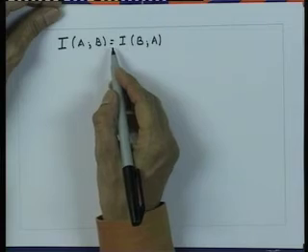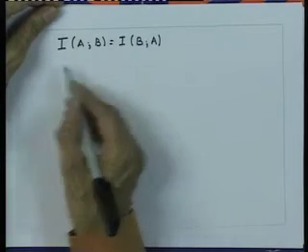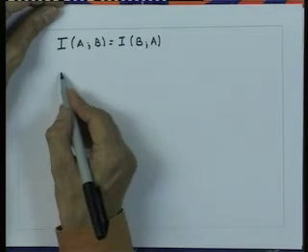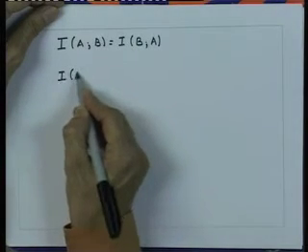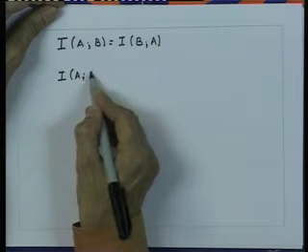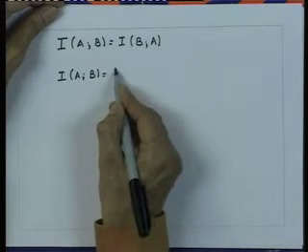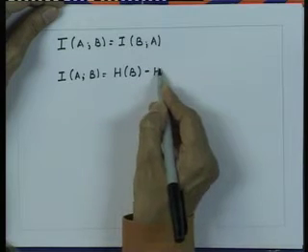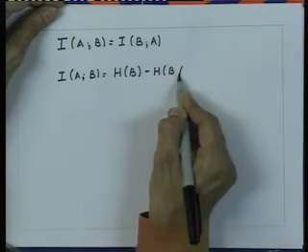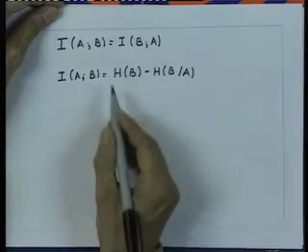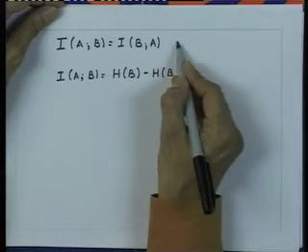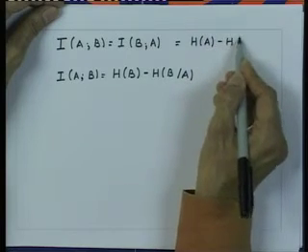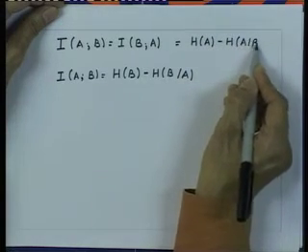Carrying this argument even further, we may write I(A;B) is equal to H(B) minus H(B given A), because I(A;B) is equal to H(A) minus H(A given B).